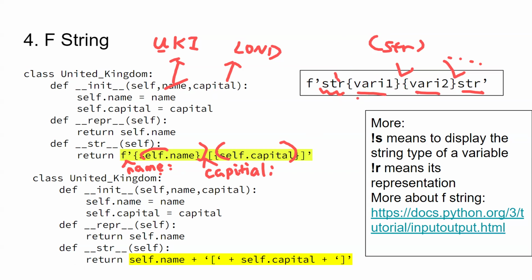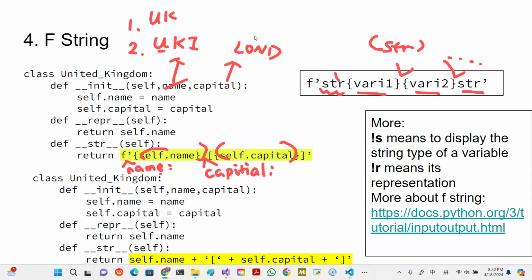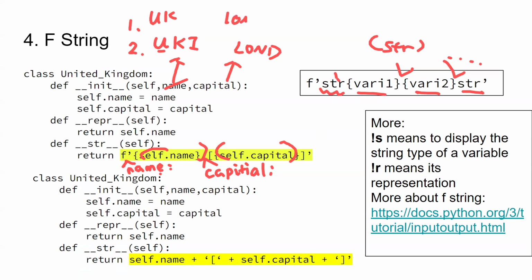So I have two examples. One is London and UK. Another one is UKI and LOND.